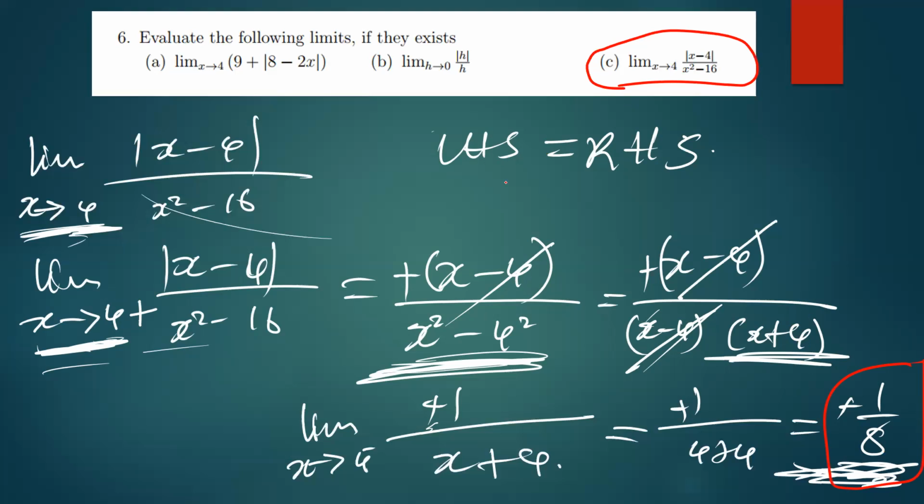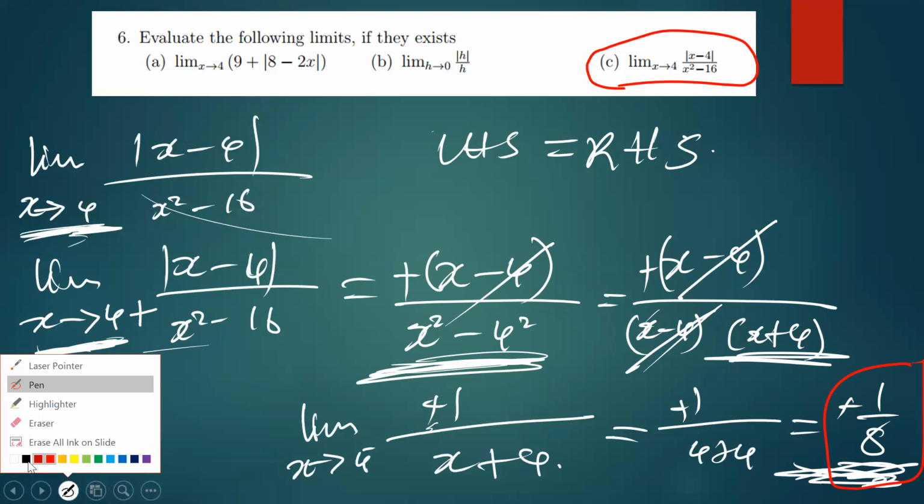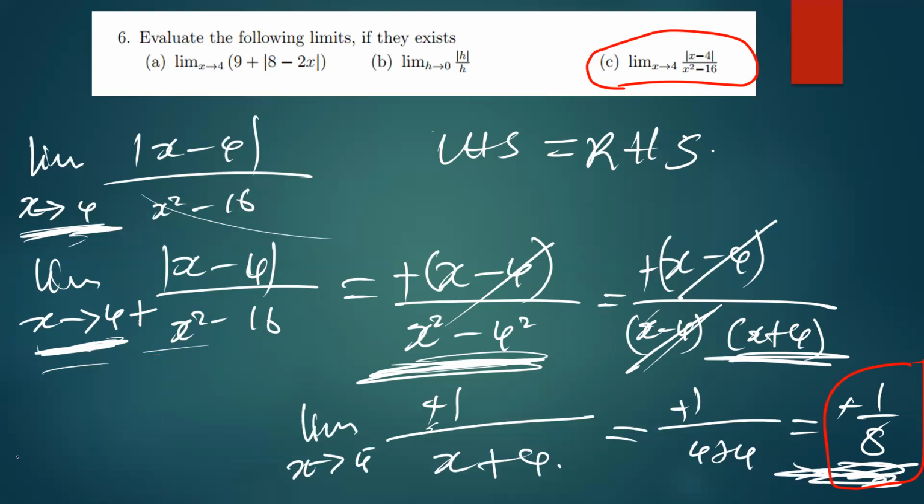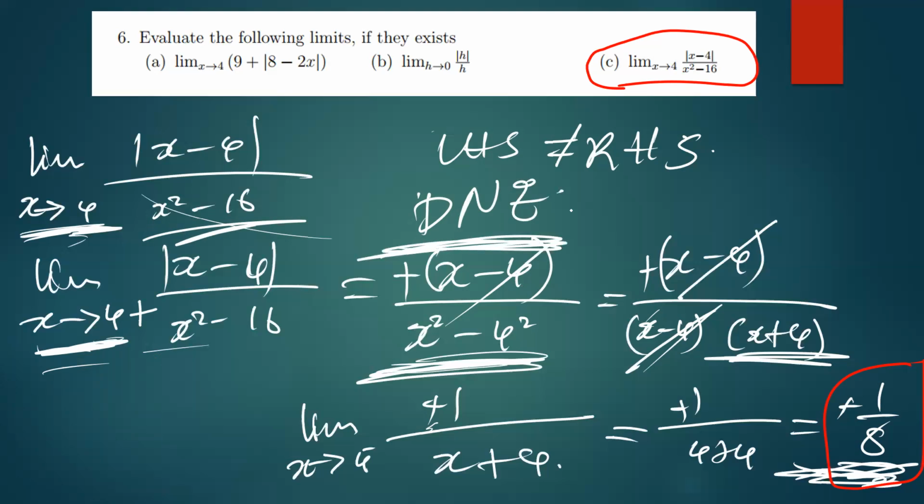So in other words, since the left-hand side is not equal to the right-hand side, this tells us that the limit of this function as x is approaching 4 does not exist. So this is also the solution.